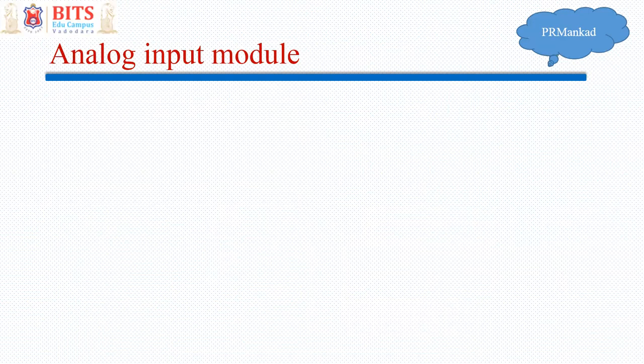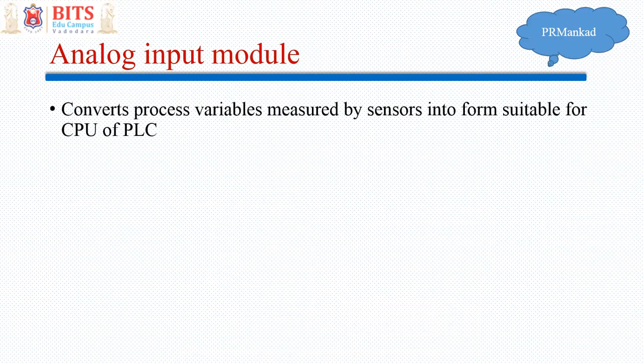So that signal is fed to the analog input module of the PLC. So this is not a two-level value. It is nothing but a voltage or current which is varying in a range. So this analog input module converts process variables measured by sensors into a form which is suitable for the CPU or PLC.